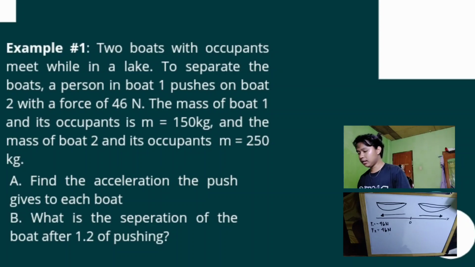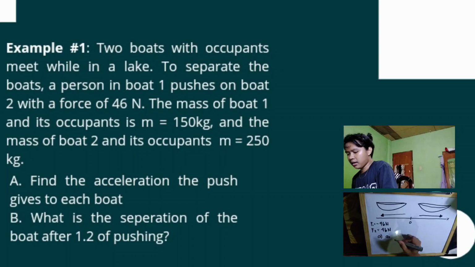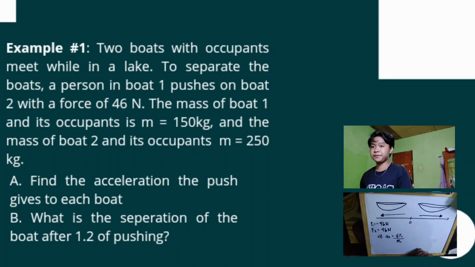So let's calculate letter A: find the acceleration the push gives to each boat. a sub 2 equals summation of force 2 over m2. Let's substitute the given. The summation of F2 is 46 Newton, while the mass is 250 kilogram.